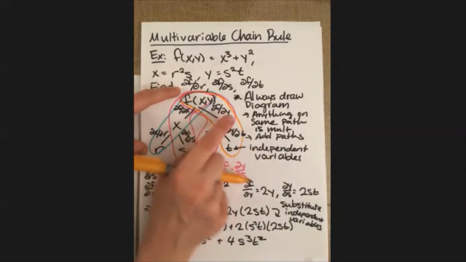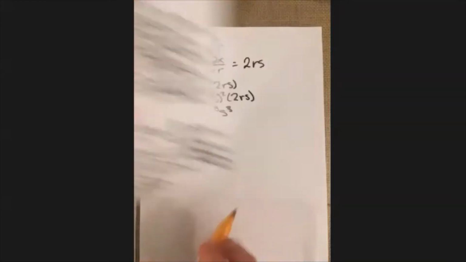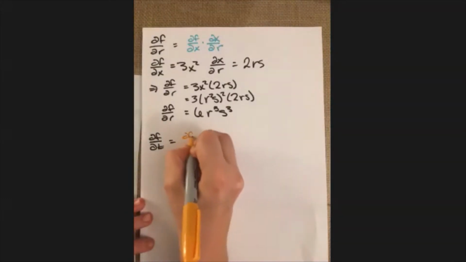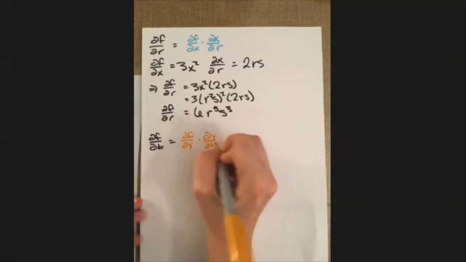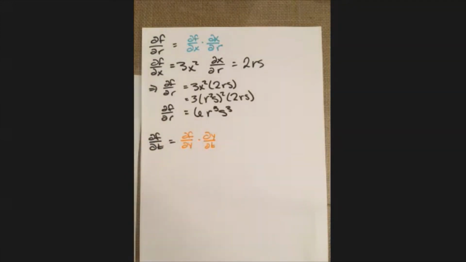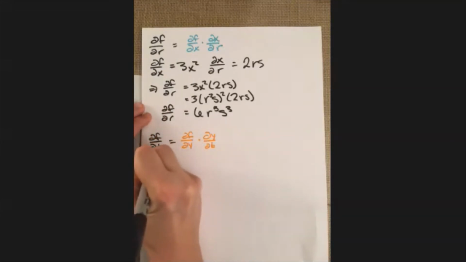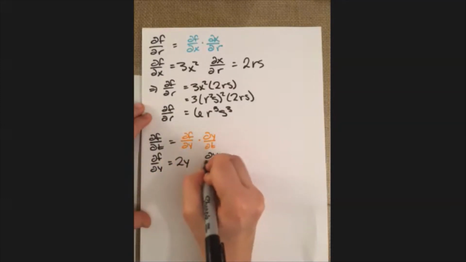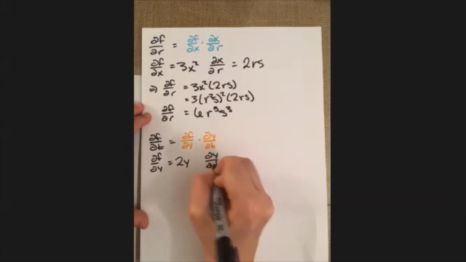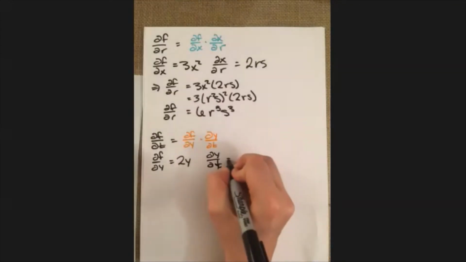And in this scenario, that means we're just going to have df/dy times dy/dt. So df/dy, that was equal to 2y, and then dy/dt, y was equal to s squared t, so we're just going to have s squared as being that partial derivative.